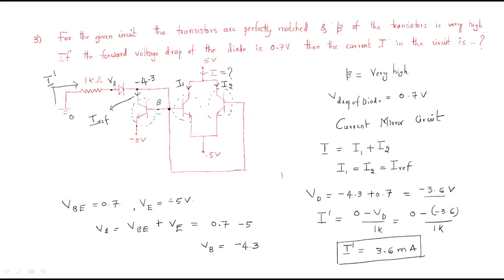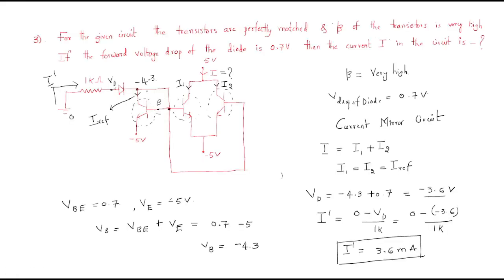But here the beta value is very high, as he mentioned already in the problem. Wherever the beta is very high, generally the base current equals the collector current divided by beta. Whenever beta is very high, the IB value is very low, approximately equal to 0.